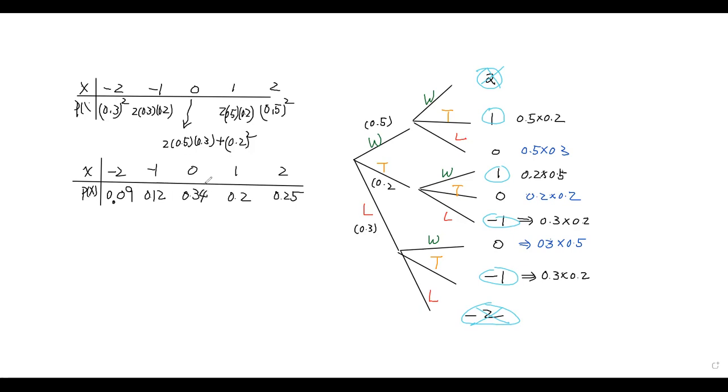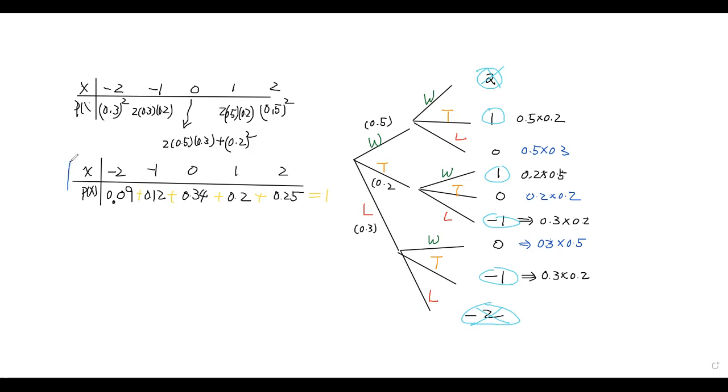So we can check to see if they add up to 1 or not. So let's add 0.09 plus 0.12 plus 0.2 plus 0.25, and the rest. That's one way to check, right? So you add all of this up, and it has to be equal to 1. So we know we did it correctly.